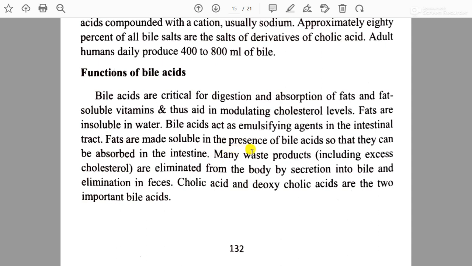So the cholic acid and deoxycholic acid are the two important bile acids. These are examples of bile acids, that is cholic acid and deoxycholic acid.